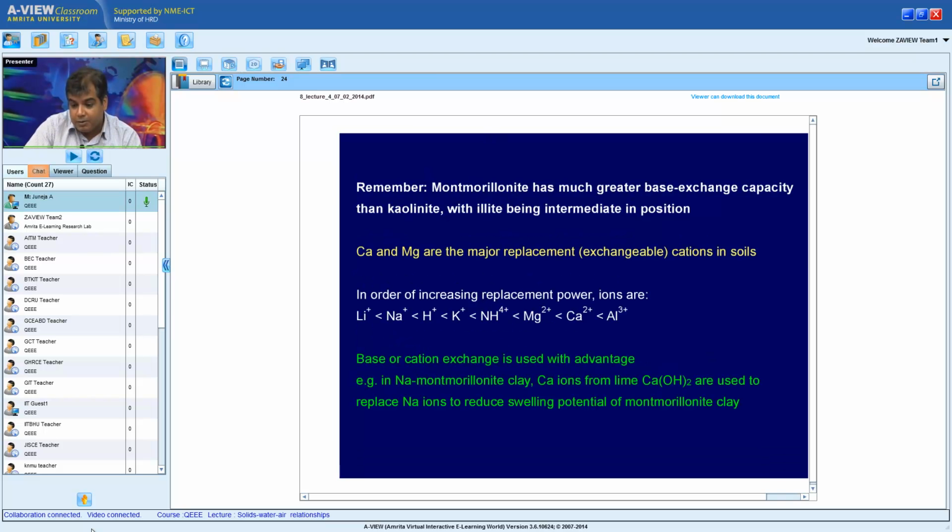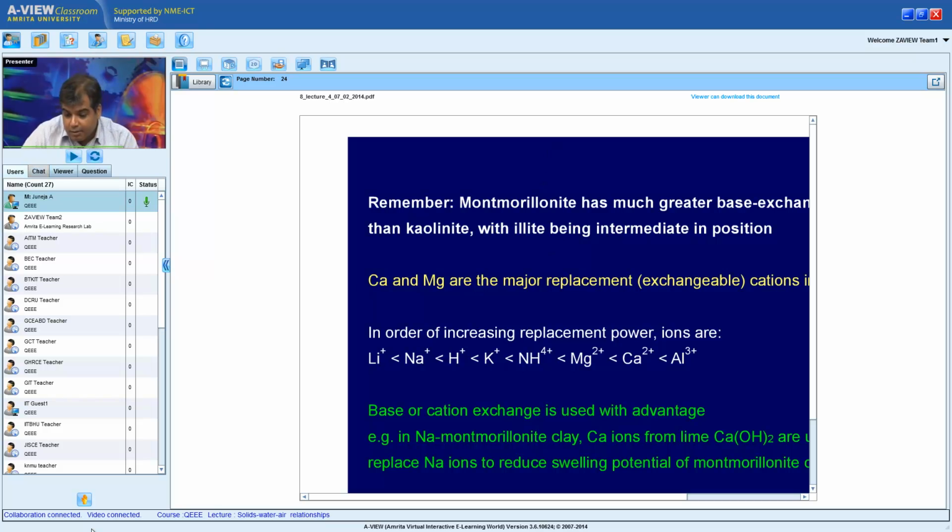Let me zoom in to correct this. I'm not sure if I can have a white pen. My drawings are very poor. It should be NH, and there's a 4, NH4, and there's a positive over there. That's how it should be.